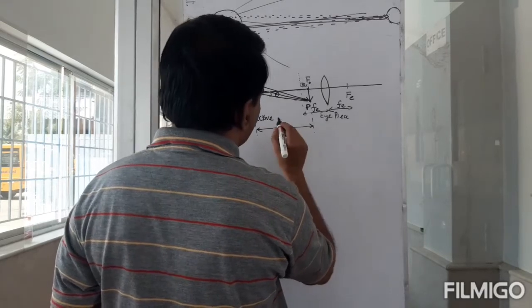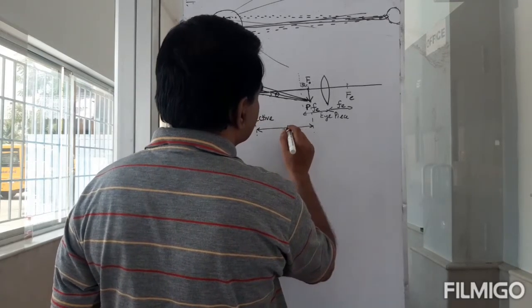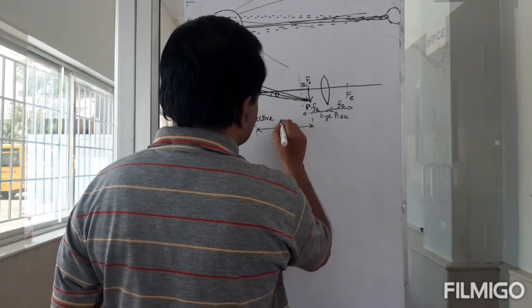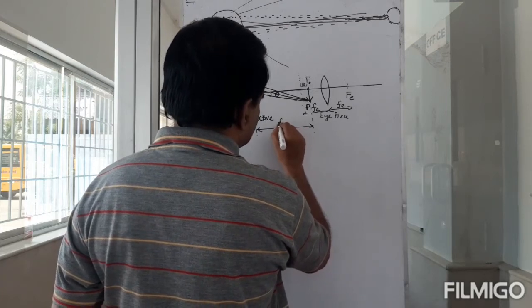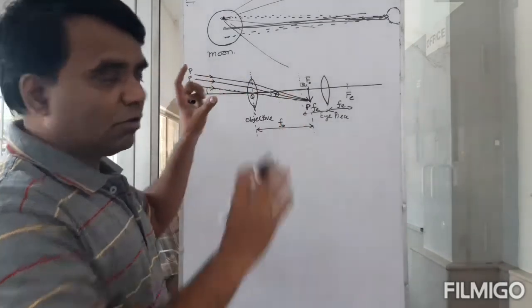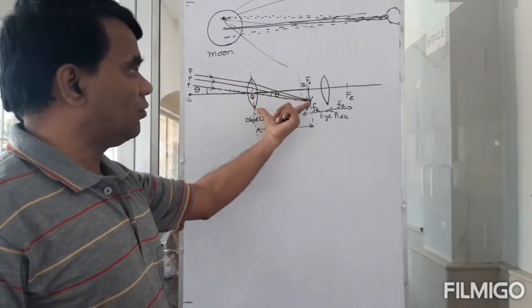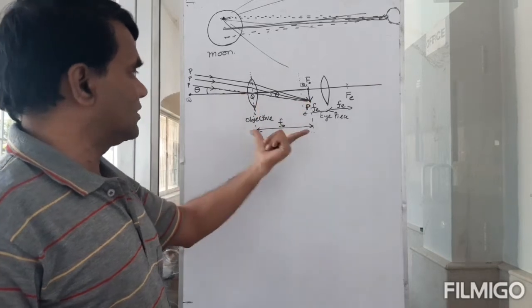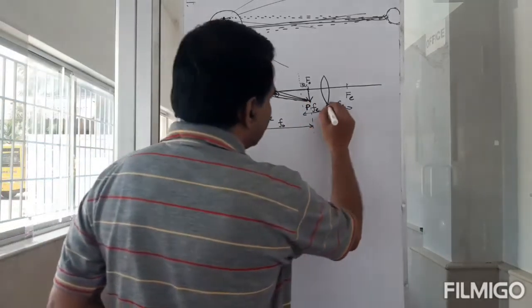This distance will be FO, the focal length of the objective, because all these parallel lines will form an image at the focal length of this lens. And what would this be?